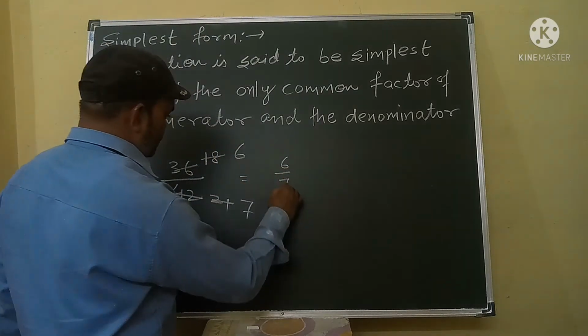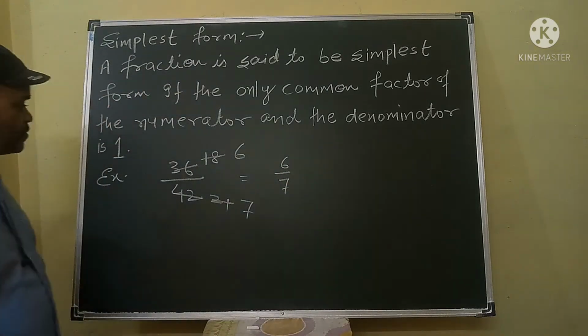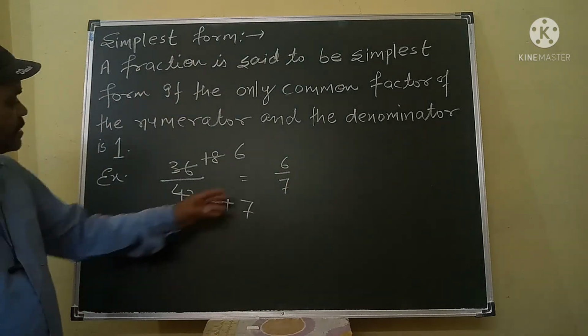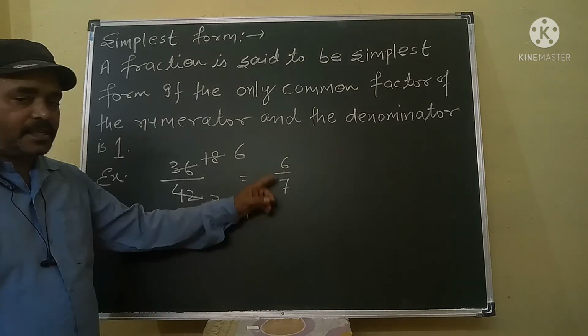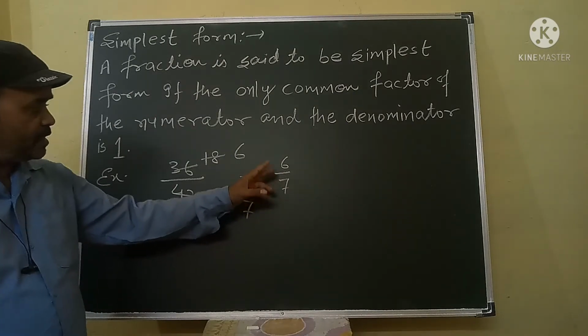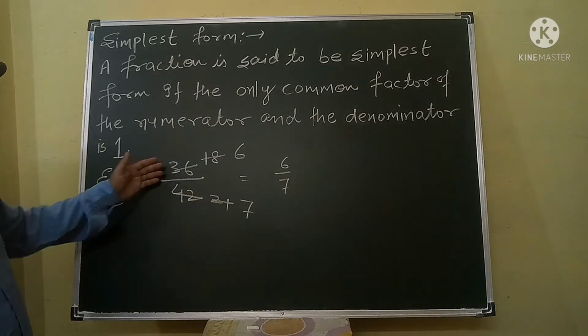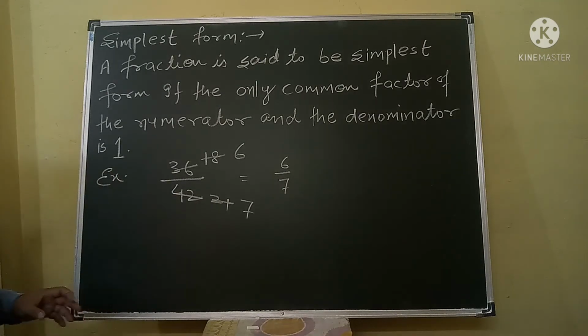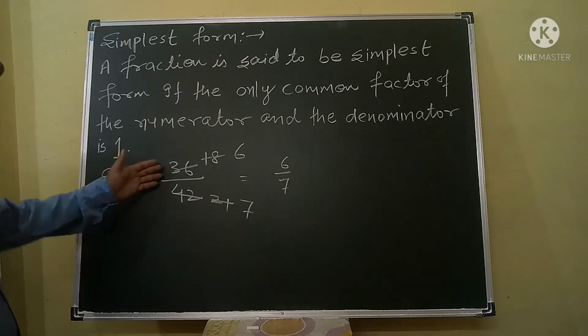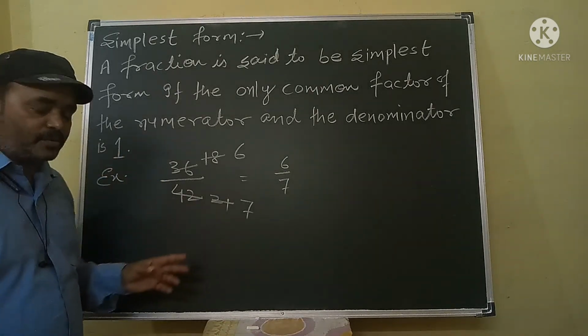That means this is 6 upon 7. That means 6 upon 7 is the simplest form of 36 upon 42.